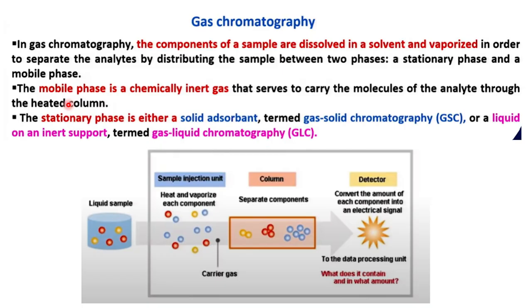The mobile phase here is a chemically inert gas that serves to carry the molecules of the analyte to the heated column. Why is heating required? Just to evaporate the sample into the gas phase. And the stationary phase is either a solid adsorbent, termed gas-solid chromatography, or a liquid on an inert support, termed gas-liquid chromatography.